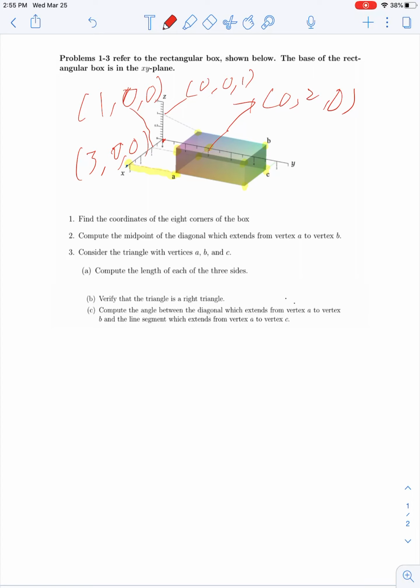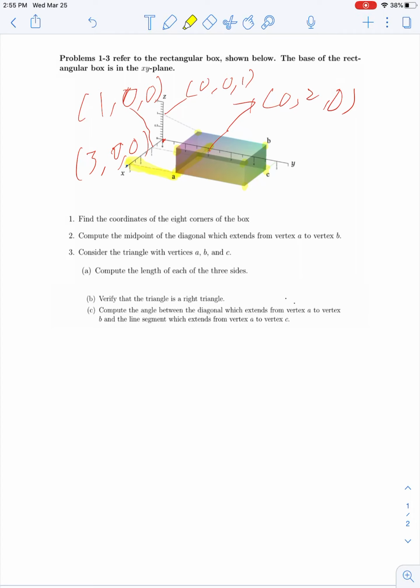So let's first check our point A here, and we can see here we get 3 is our x coordinate, and then 2 is our y coordinate, and then 0 is also our z coordinate because it's level there.